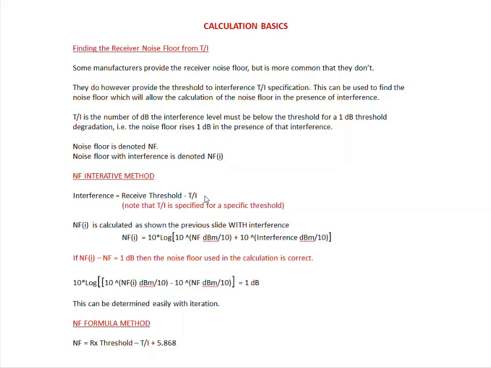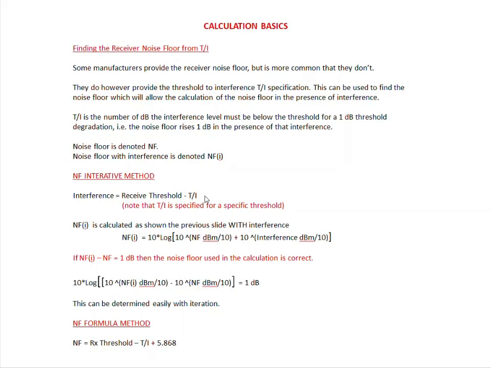If you assume a given noise floor, say minus 100 dBm, and you add the interference level based upon this T to I value, which we've just shown how it's calculated here, and the resultant composite noise floor is 1 dB greater than the original noise floor, then you'll have chosen the right noise floor initially.